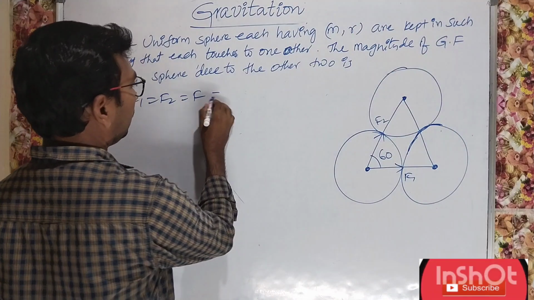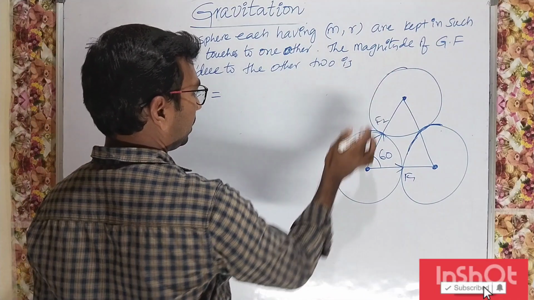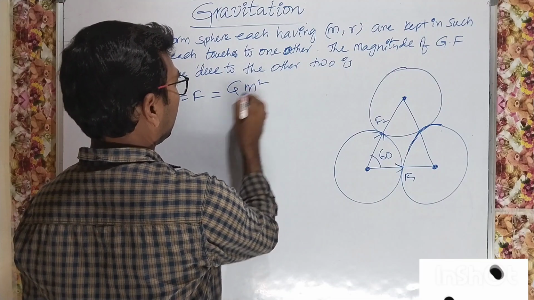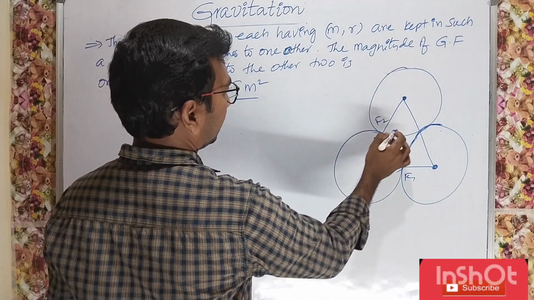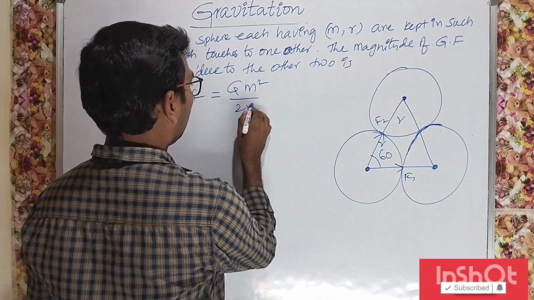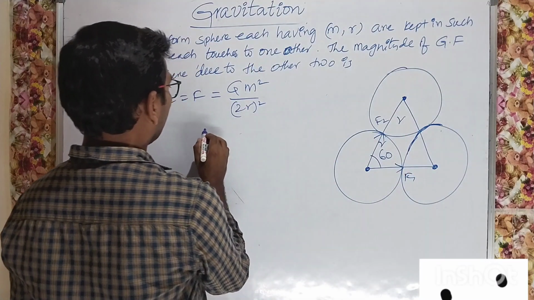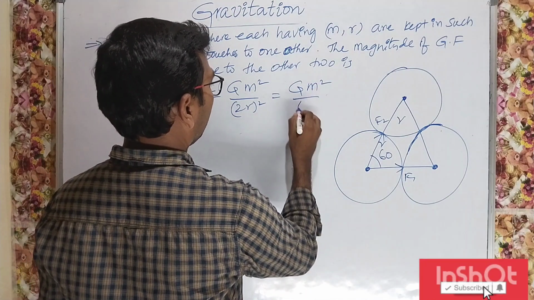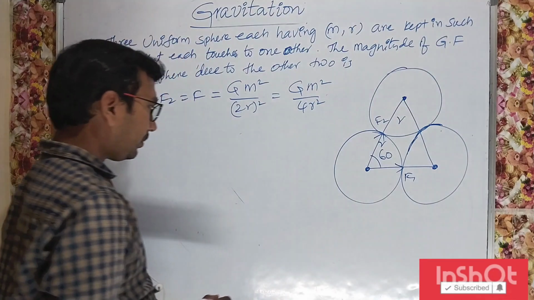So what is the gravitational force? This is mass m, this is mass m. So G m square by distance square. This is r, this is also r, so the distance is 2r whole square. From this you can write G m square by 4r square.